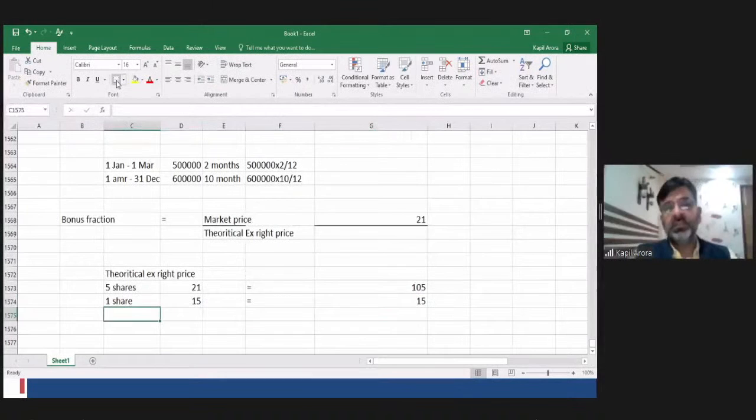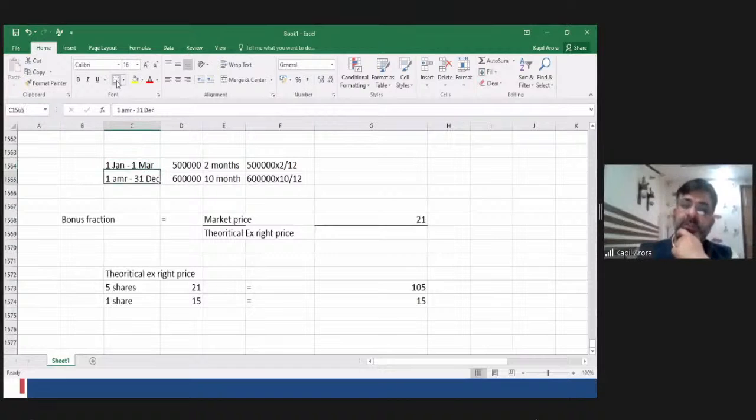So what is the price of one share? 15. We are just trying to figure out how the bonus element in the form of rupees can be converted into a number of shares. So this is the formula to get that element.